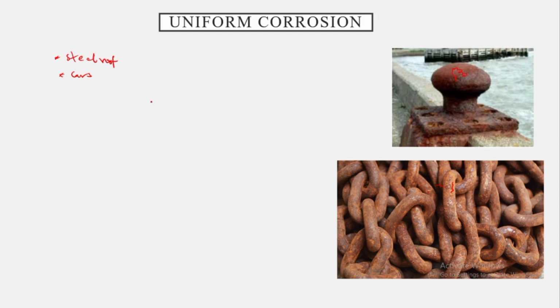Now let's look at some control of uniform corrosion. How can we control uniform corrosion? The control measures. First, we are going to talk about the CP system, which is the cathodic protection system, whereby we can use the principle of sacrificial anode to protect the material. And we have the impressed current cathodic protection.